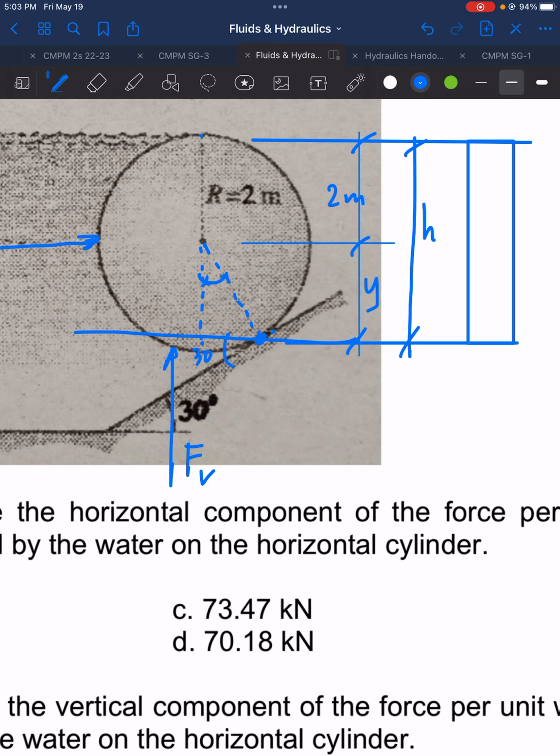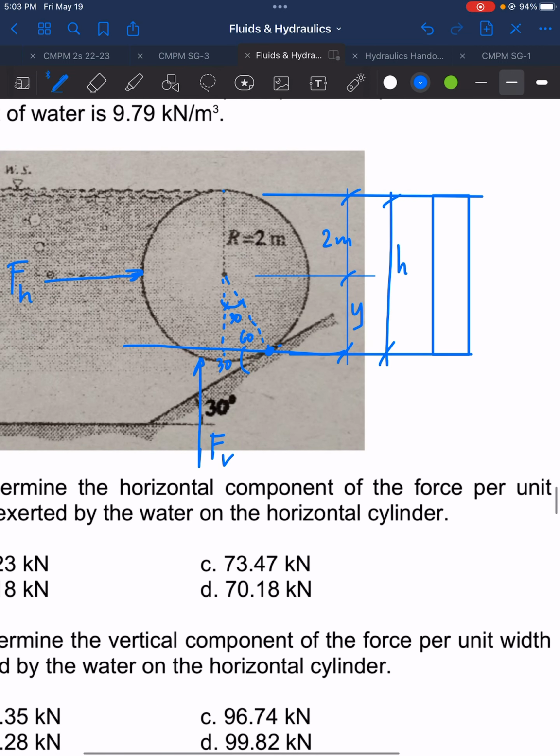This line here is perpendicular with the incline. Therefore, the total here is 90 degrees. Therefore, the angle here is 90 minus 30. Therefore, it becomes 60. If that is 60 there, therefore, the angle here becomes 30. Okay? So that's the explanation. That's why here it's 30.